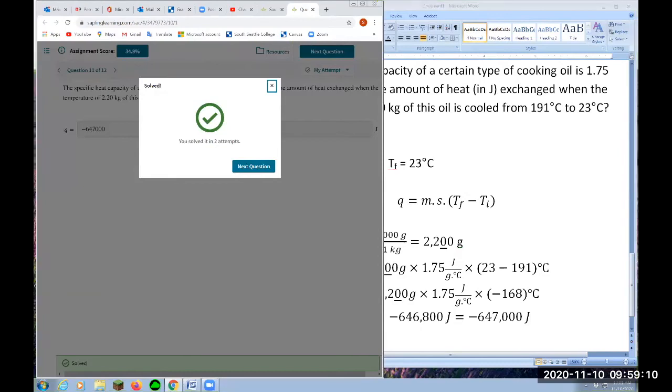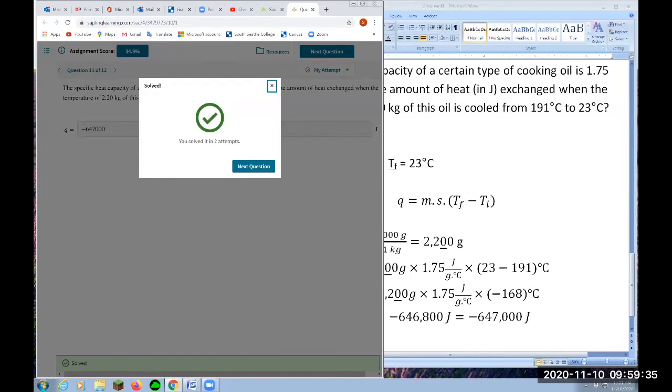Okay, I tried again by entering the value and then the negative sign. This time it accepted it. I guess you should not start by entering the negative sign. Start by entering your value and then put the negative sign afterwards. It accepts it this way, and you can see here that's correct: negative 647,000 in my case.